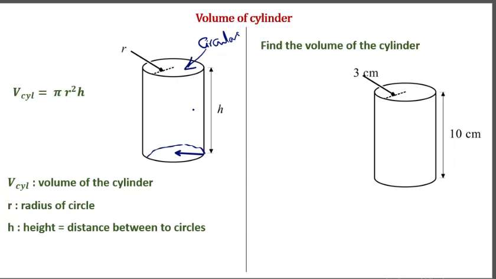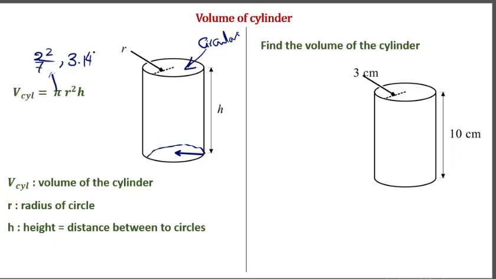So when we calculate the volume of the cylinder, we use the law, which is pi r square h. I'll give you pi as 22/7 or 3.14, or even if I don't tell you its value, you can leave it as it is.